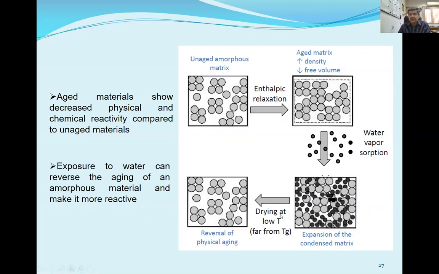Now, if you dry this sample at a low temperature, which is far from the Tg, it will lose the moisture and you will regain the same structure with which you had started. So the water molecules which are shown here by the small black circles have been removed during this phenomenon of drying, and there is reversal of physical aging of the glass that has happened in this particular step.